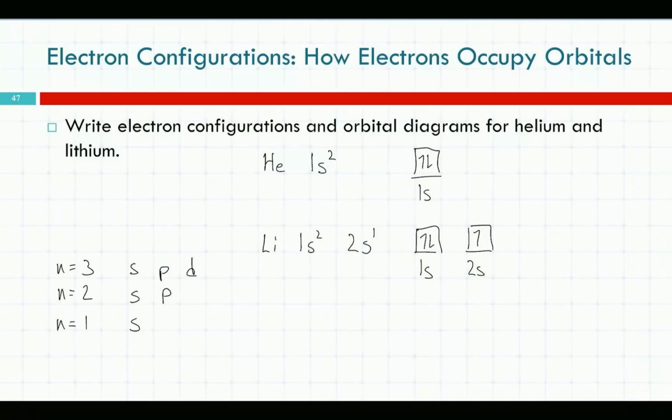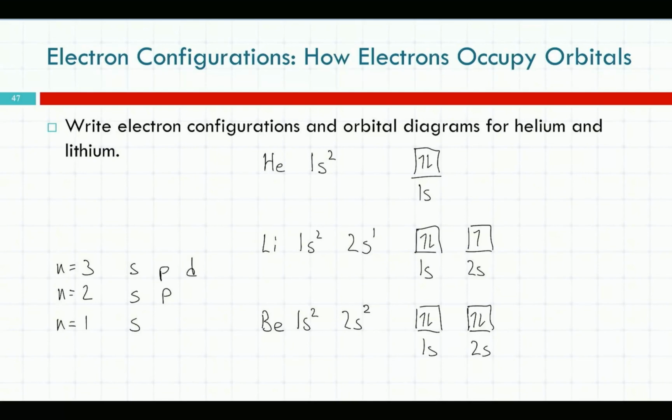It's not on this slide, but let me do beryllium. So that's also going to be 1s2. And again, I've used 2 of the electrons, so now I got to go up to 2s. And beryllium has 4 electrons, so that goes 2s2. So 1s and 2s, both with 2 electrons.